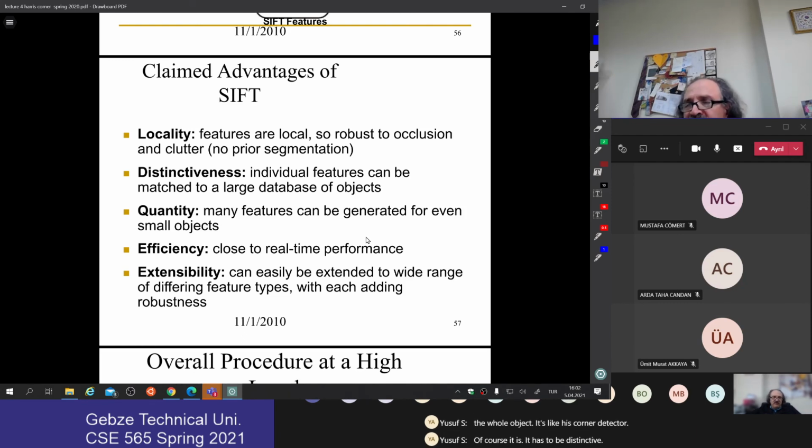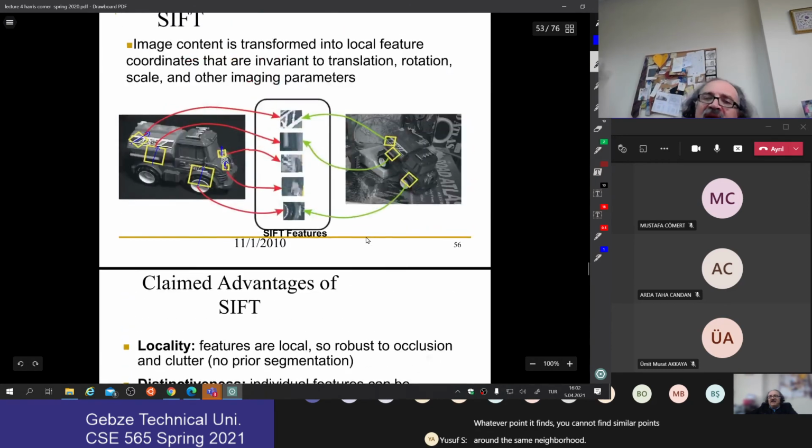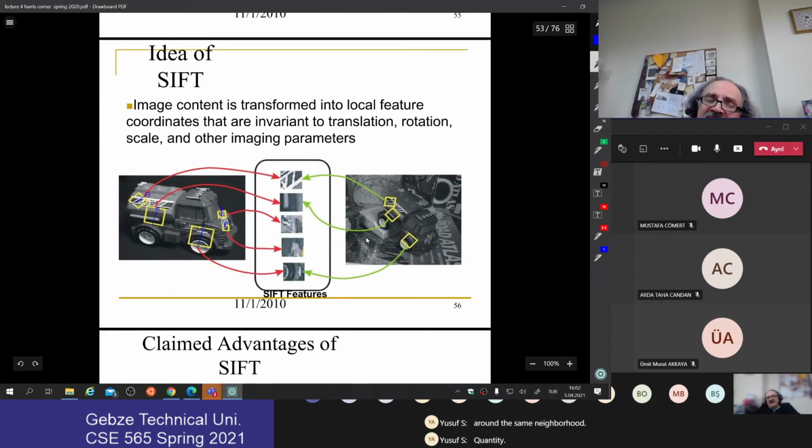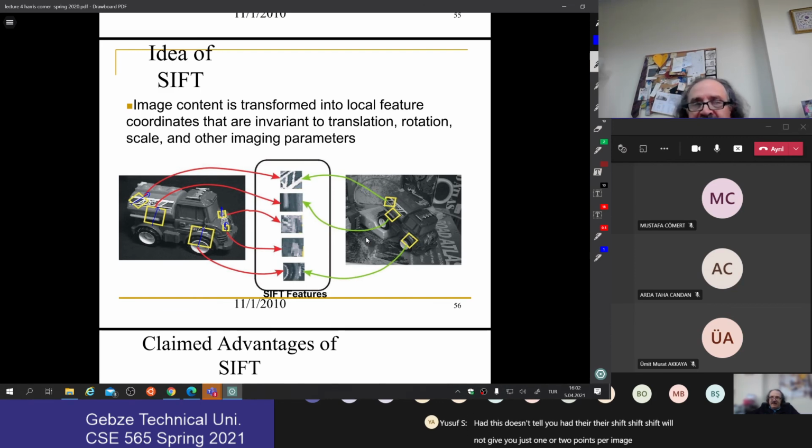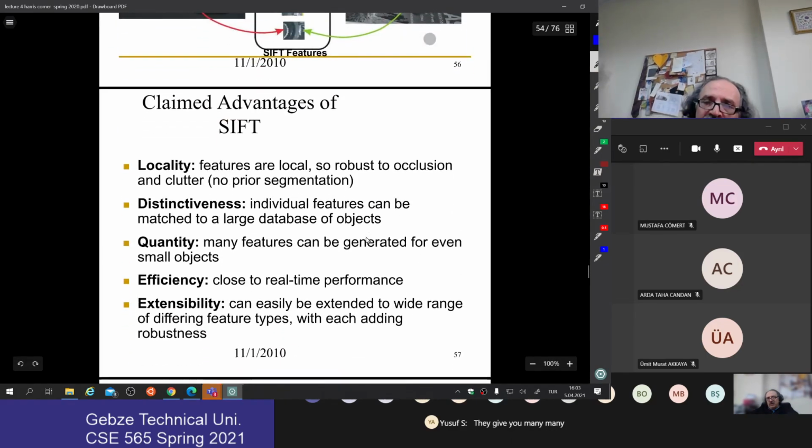Whatever point it finds, you cannot find similar points around the same neighborhood. Quantity: SIFT will not give you just 1 or 2 points per image. It will give you many points so that you can do your matching between the images.